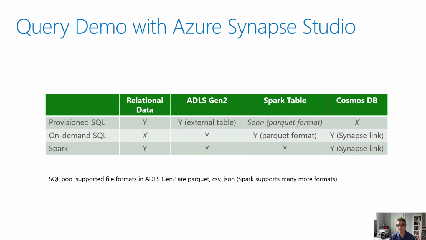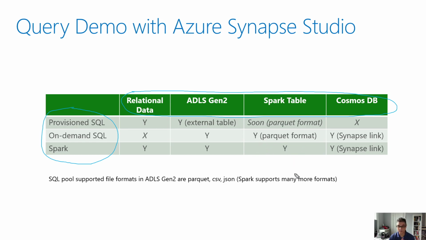And we have a number of options now. If we look here, we have provisioned, on-demand, and Spark. So these are the three ways of compute. Each of these can access these four storage mechanisms. And I put in here the options available now because some are not here yet and will be at GA or soon thereafter.